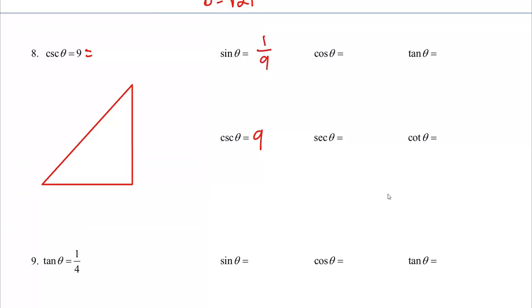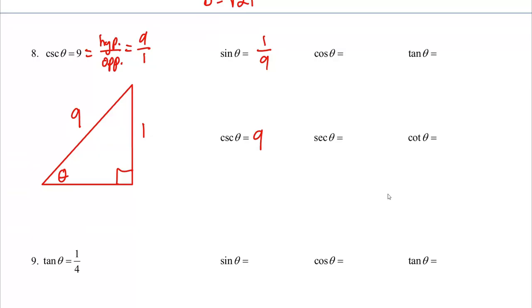But sine is opposite over hypotenuse, so this one is going to be hypotenuse over opposite. Do we understand that? And how can I rewrite 9? 9 over 1. So our hypotenuse is going to be 9, and our opposite will be 1. Do we all understand how I got that?